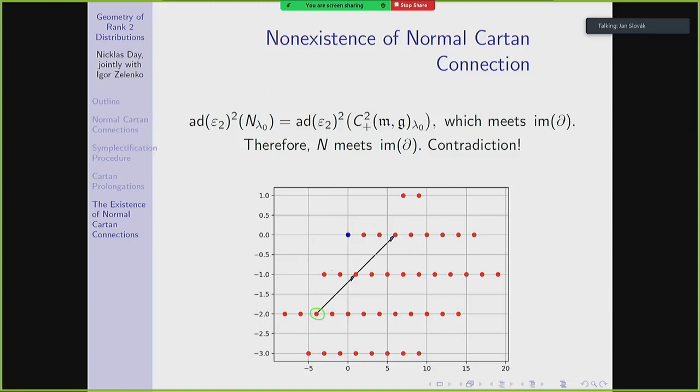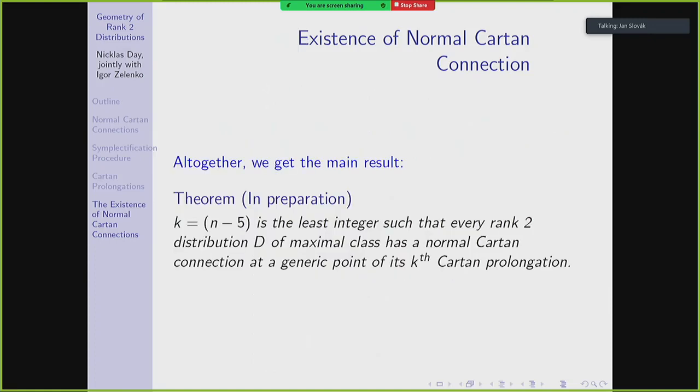So that is basically the reason that n minus 5 is the very first number of Cartan prolongations you can take where you get a Cartan connection. So there's no normal Cartan connection on the n minus 6th prolongation, but there is on the n minus 5th. And that's the first place the Tanaka symbols unify as well.